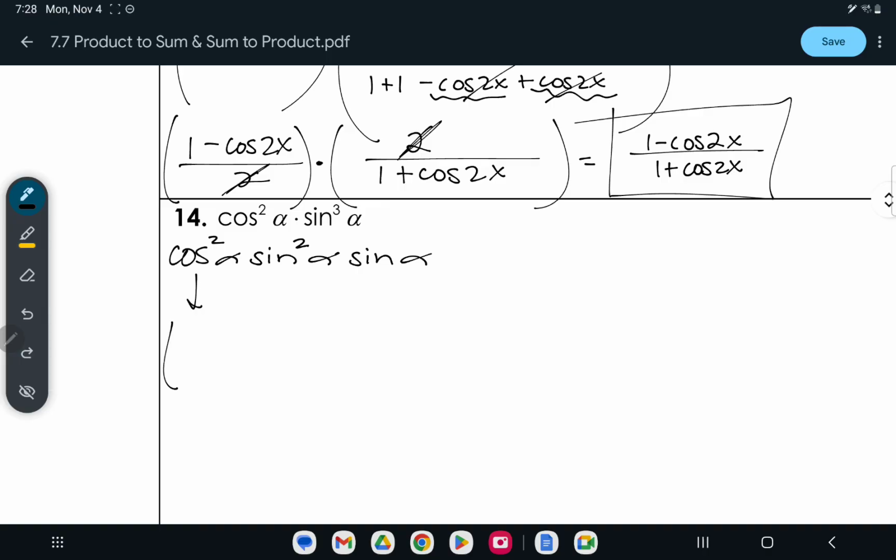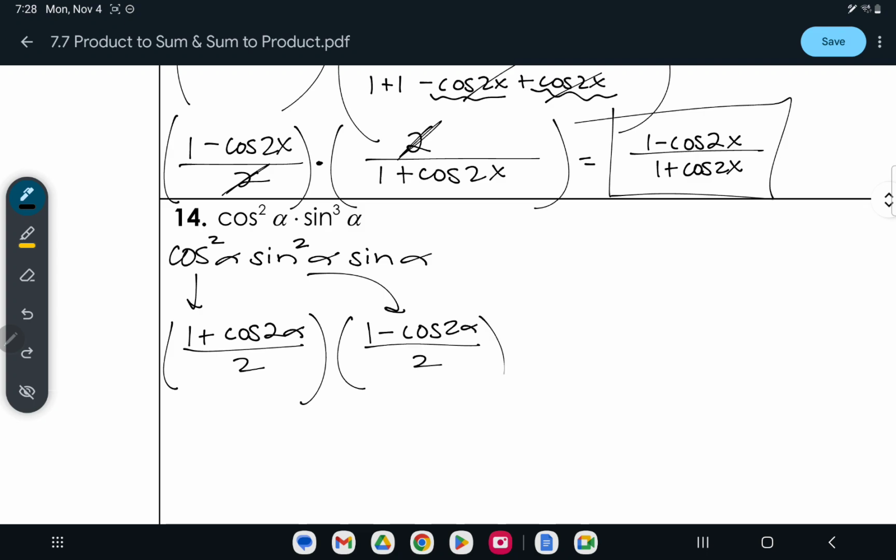Cosine squared is 1 plus cosine 2 alpha over 2. Sine squared alpha is 1 minus cosine 2 alpha over 2. And then I have just sine alpha. Oh gosh.